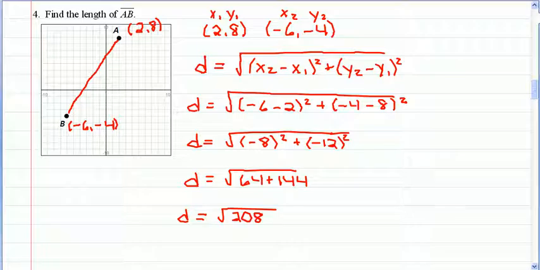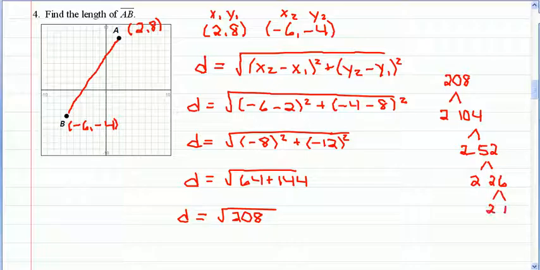is 208. So if I take 208 and write the prime factorization, I keep breaking up the number on the right until all the numbers are prime, and I have 4 2's and 1 13.